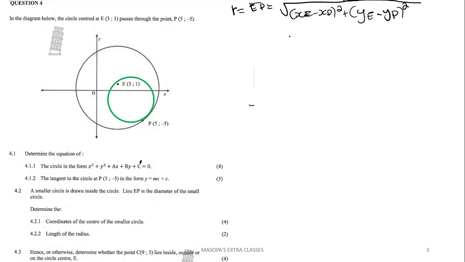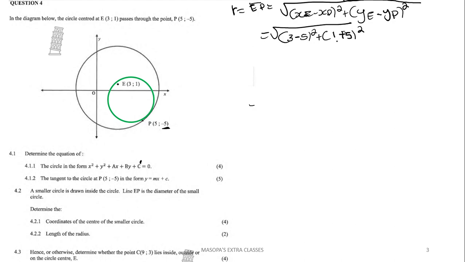right? Then for which the x value of E is 3 minus the x value of P, which is 5, all squared, plus your y coordinate of E, which is 1, minus your y value of P, which is -5. So basically I can say positive 5 here all squared.